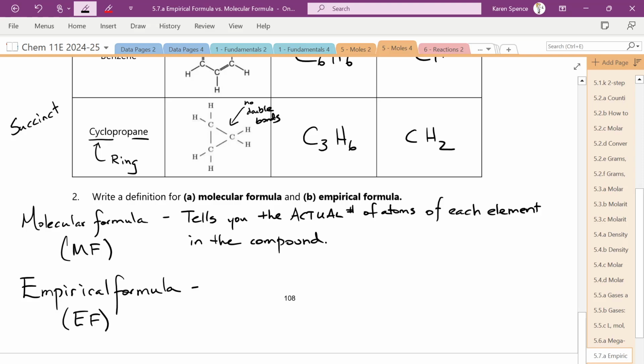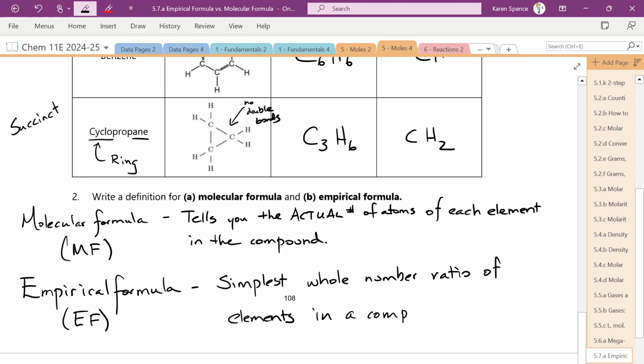So the empirical formula in succinct words is the simplest whole number ratio of elements in a compound. Is that good? Okay.